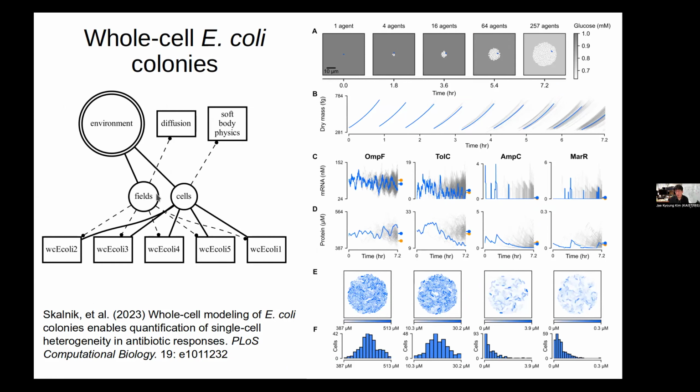And they're connected to an environment that includes diffusion of molecules and that also has a soft body physics simulator, so that the cells can bump into each other and basically take their space mechanically, push each other out. And so he inoculates a culture. This is one full E. coli model, and then they have division, and the culture grows, and all of these are different cells here.